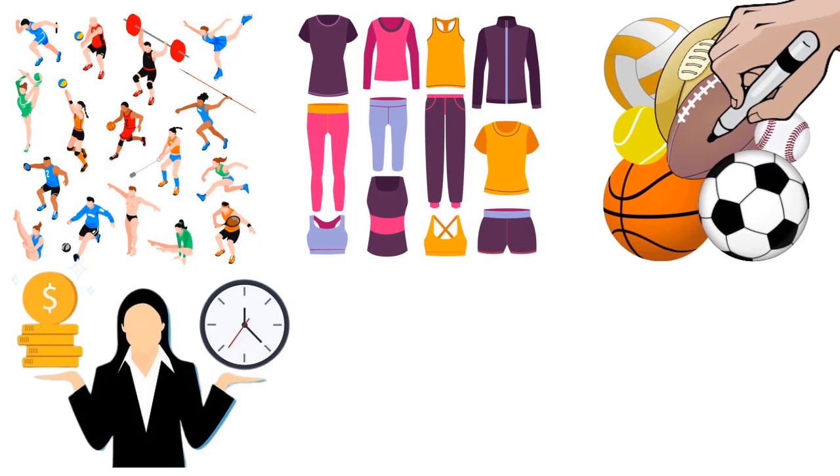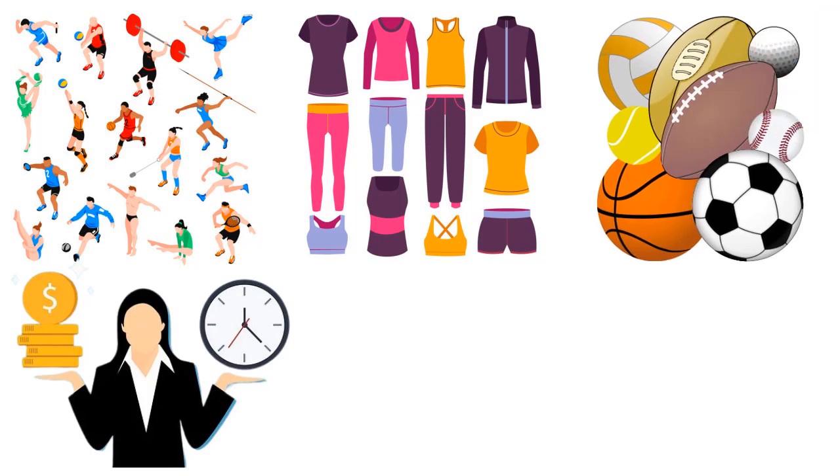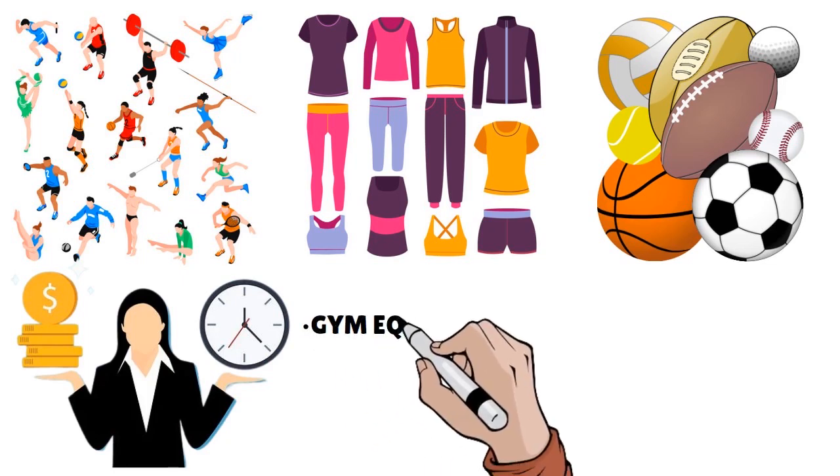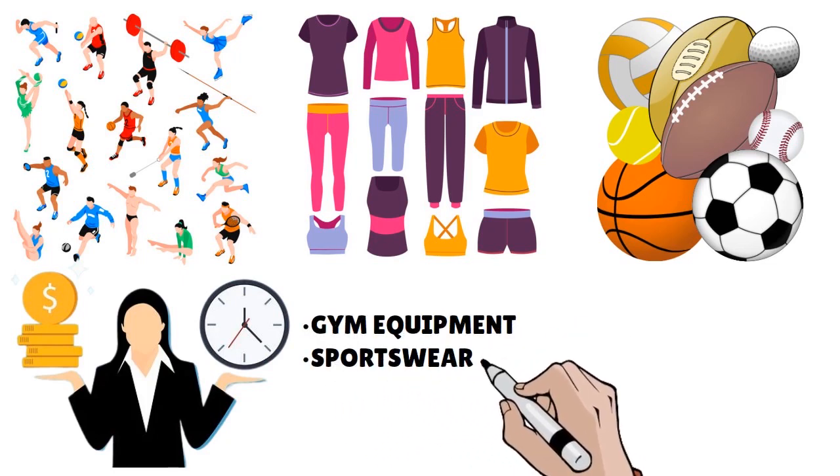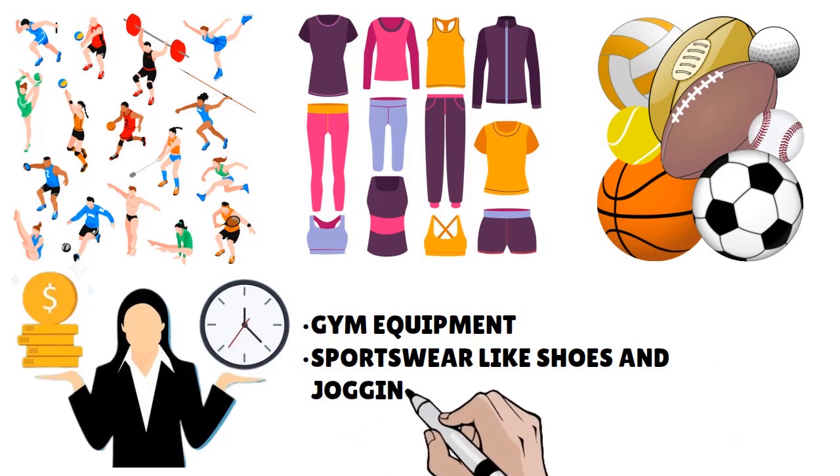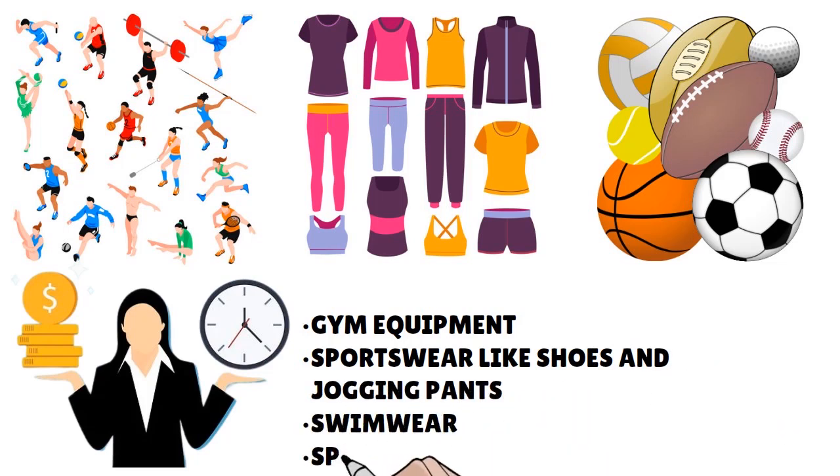Now, there are many types of sports products you can sell, and let me show you a few of the most popular. You have gym equipment, for instance. You have sportswear like shoes and jogging pants. You have swimwear. You have sports equipment, among others.